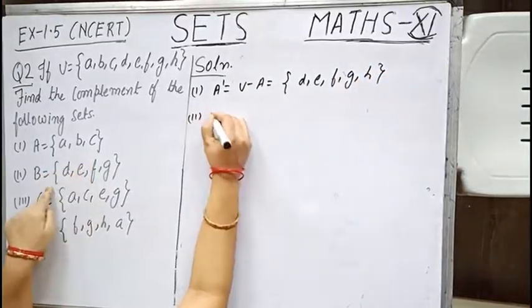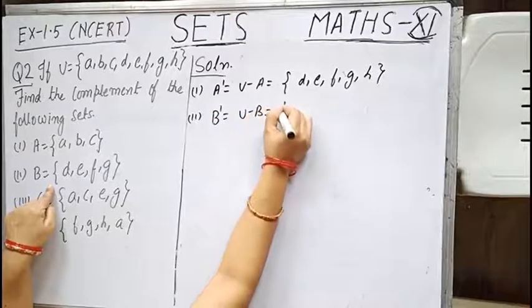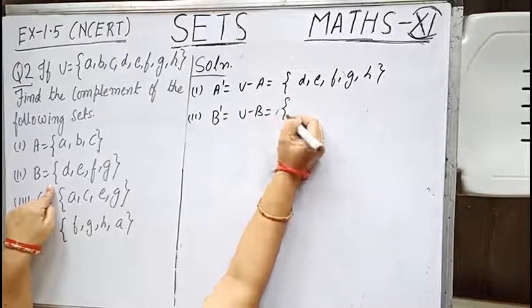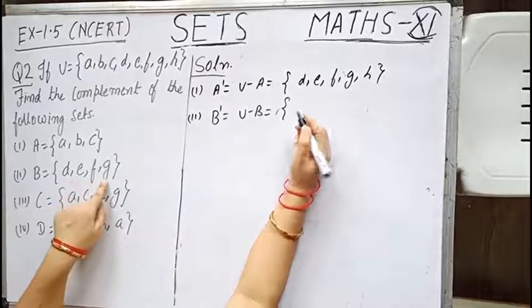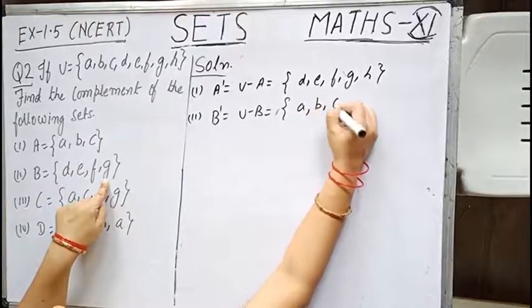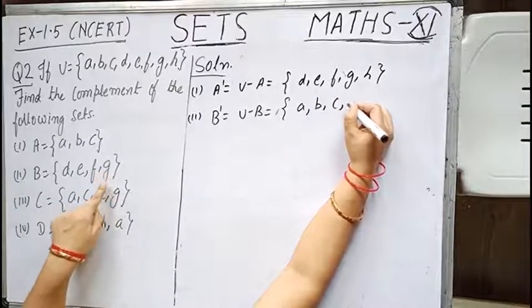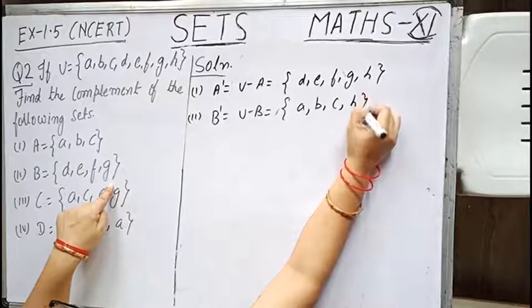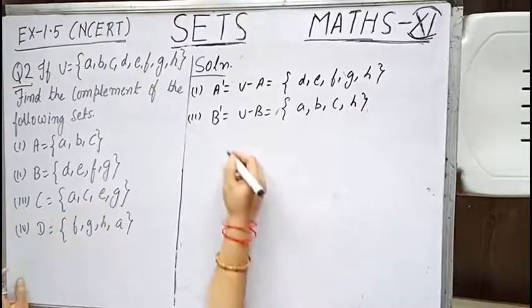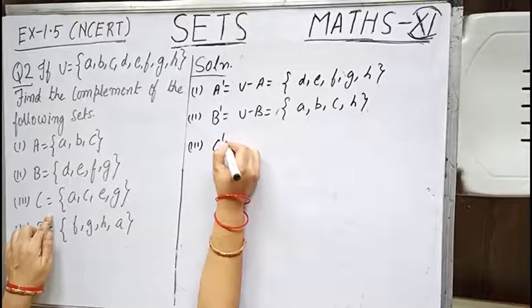Number 2, B complement is U minus B. Now B is d, e, f, g. So U minus B will be a, b, c and h. Now number 3, C complement.